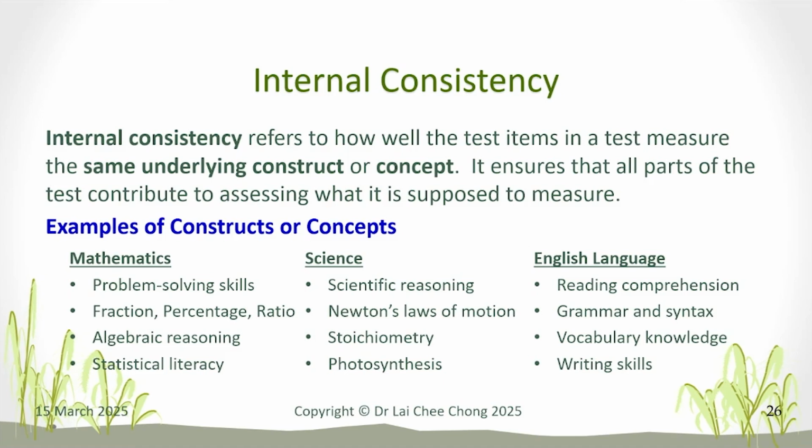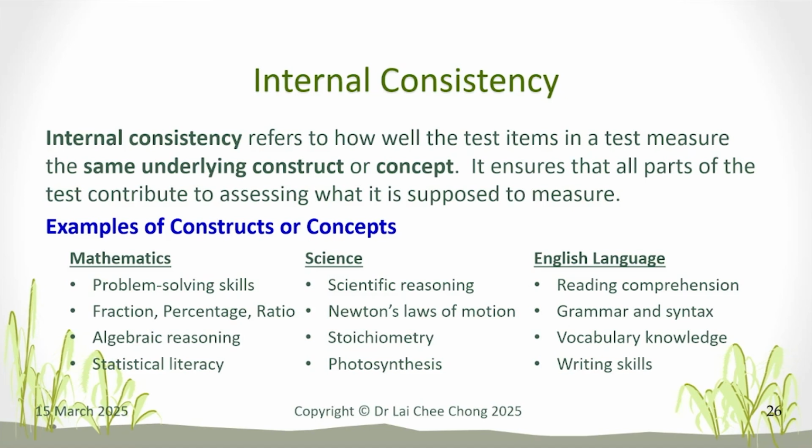What is internal consistency? It refers to how well the test items in the test measure the same underlying concept or construct. That's important. Only one. Do the items all measure the same thing altogether? The first thing you have to talk about is that. Okay? Now, what is an example of a construct or concept?